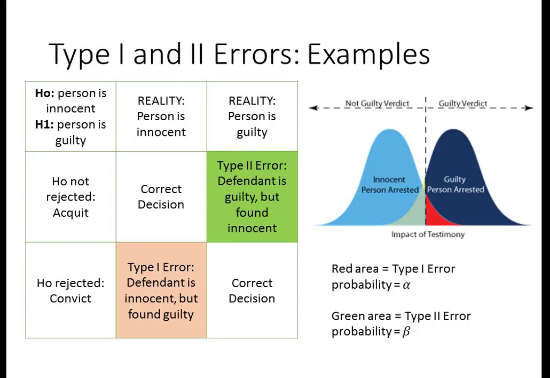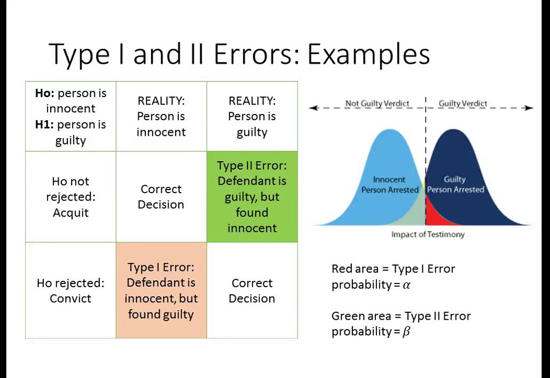So say we have some person, and person in reality can be either innocent or guilty, and then this person has been put into prosecution, and judge had to decide whether the person is innocent or guilty.